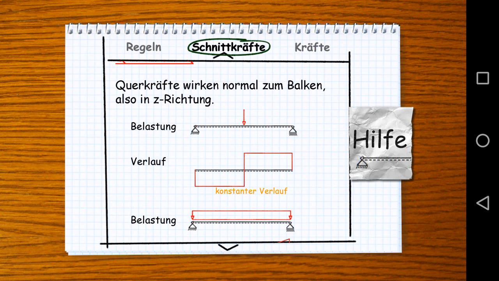For the shear forces here, I have a trick for this. I presented it already in the previous videos. We're gonna look at our beam from the right to the left. Okay, we normally read from the left to the right, I mean, normally for an English-speaking person.